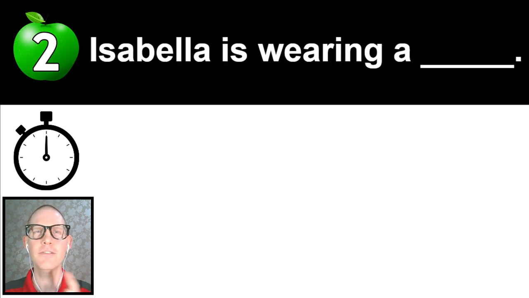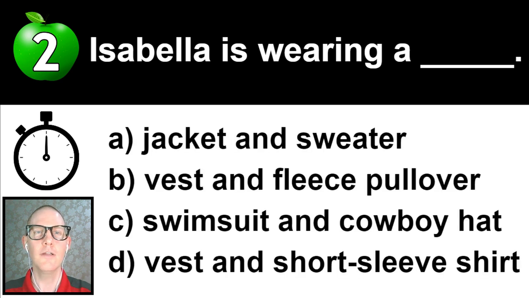All right. Question number 2. Isabella is wearing a, A, jacket and sweater, B, vest and fleece pullover, C, swimsuit and cowboy hat, D, vest and short sleeve shirt. What do you think?